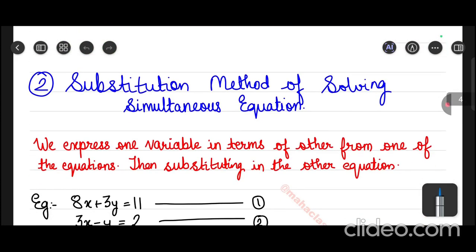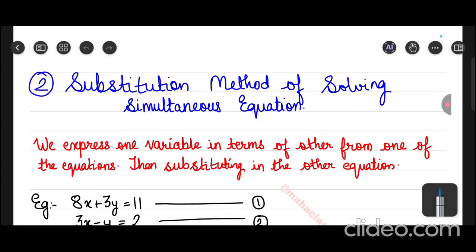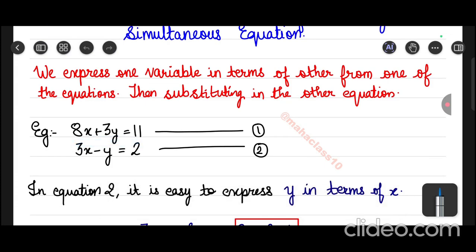Next, we have the substitution method of solving simultaneous equations. In this, we express one variable in terms of the other from one of the equations. Then we substitute it in the other one. For example, we have 8x plus 3y equals 11 and 3x minus y equals 2.